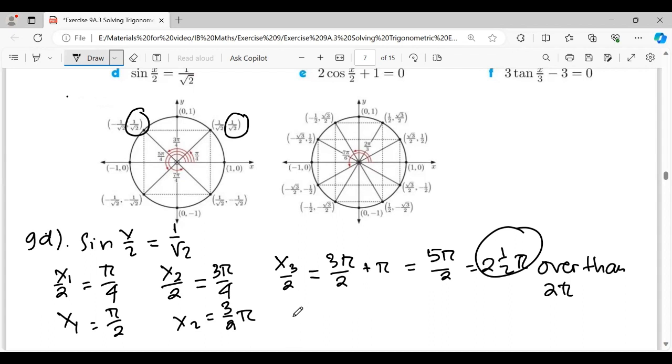So no need for this x. So x are pi over 2 or 3 over 2 pi. Only pi over 2 or 3 over 2 pi.